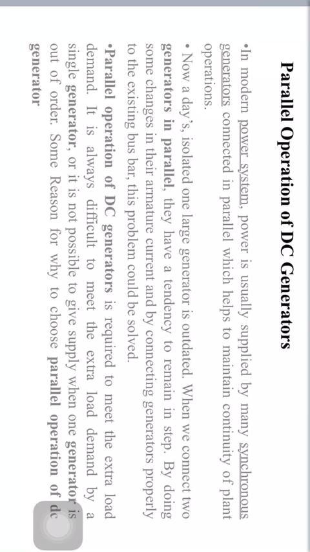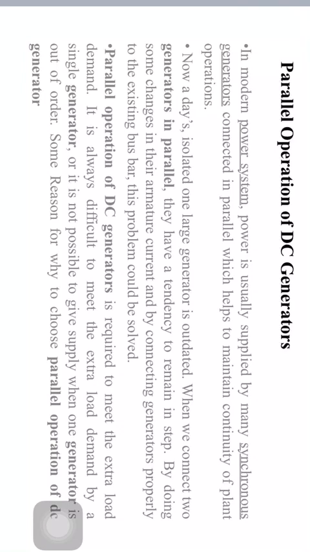By this parallel operation of DC generators, we get continuity of service. If a single large generator is used in a power plant, then in case of any breakdown the whole plant will be shut down.